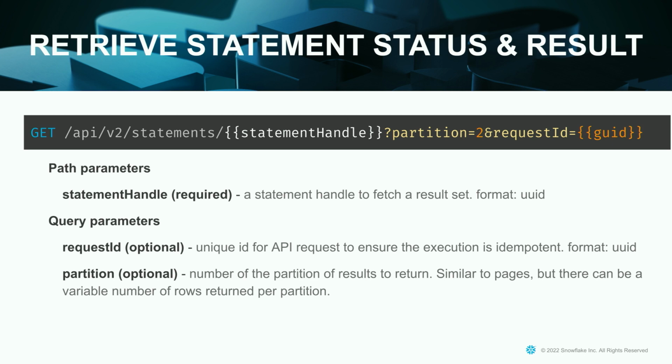Next is that request ID and partition. So you still have that request ID, so you can keep this call idempotent as well. But the partition is essentially very similar to pagination in a pagination-based API. The difference between pagination and a partition is that a partition has a variable number of returned rows per page.